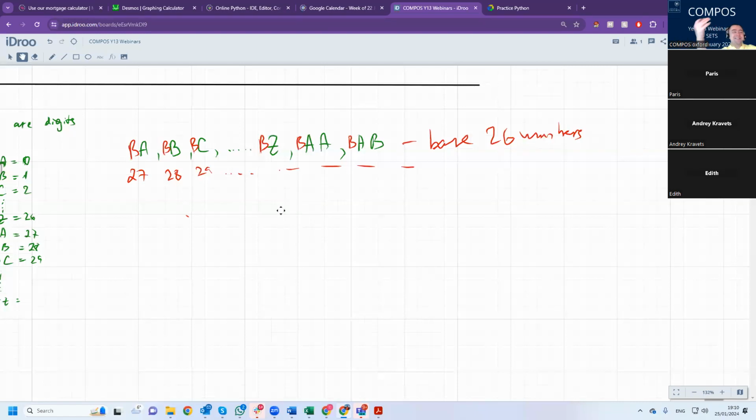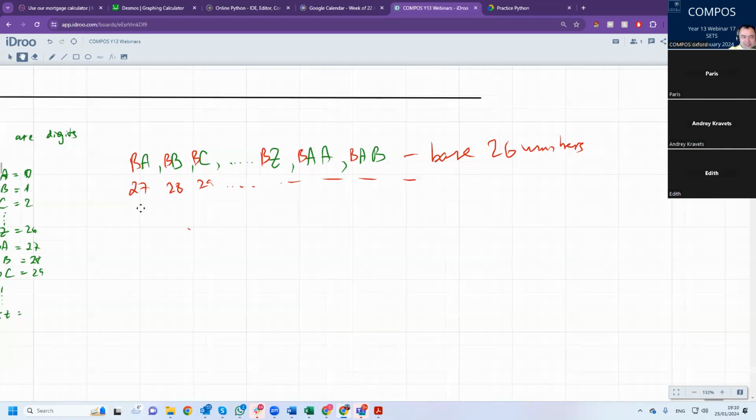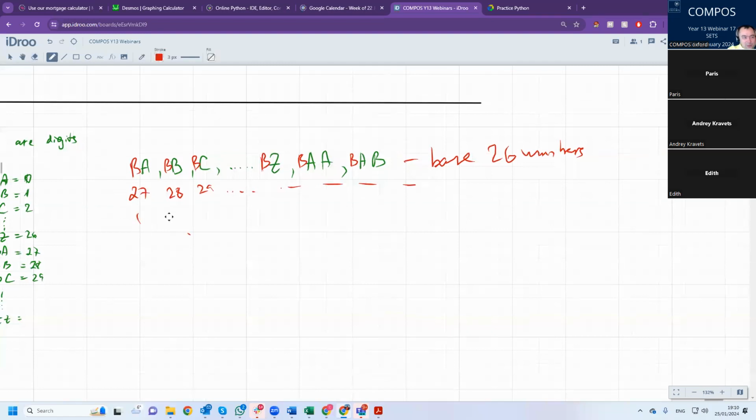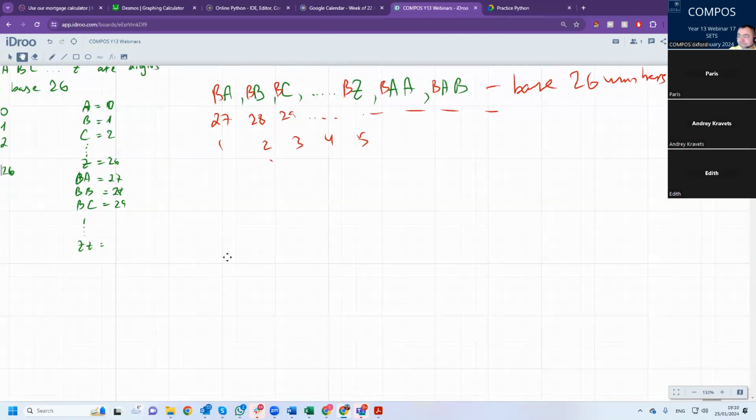You can count them. You can attach a natural number, you just 27 less. So 1, 2, 3, 4, 5. You can enumerate them.